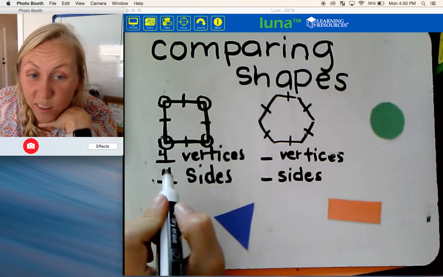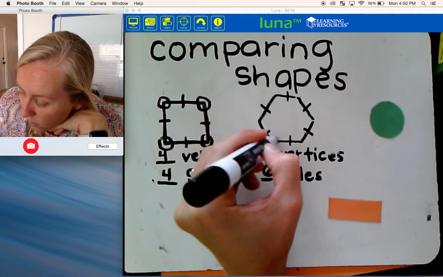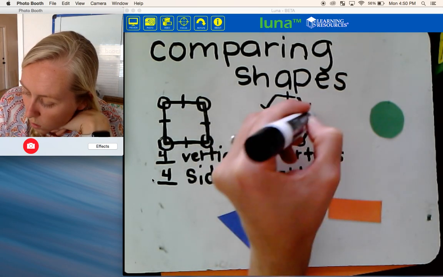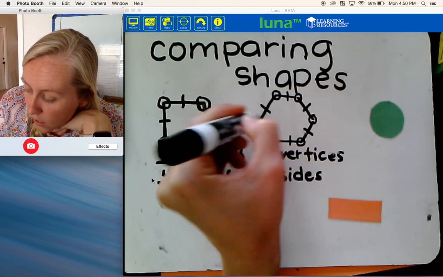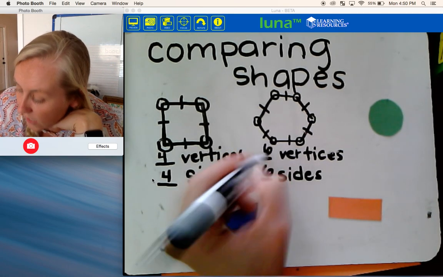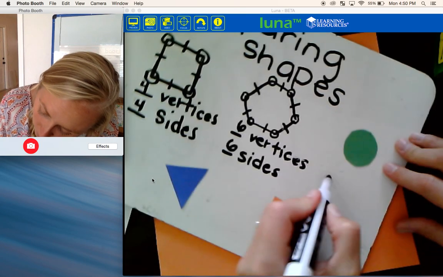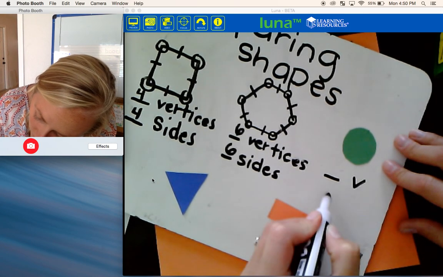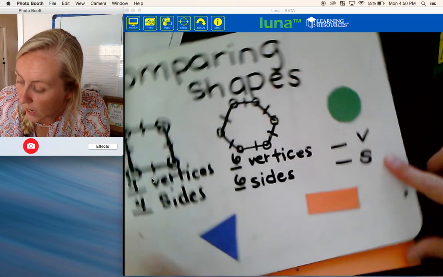So that's different than our square because our hexagon has 6 sides. And then let's count our vertices. 1, 2, 3, you can count with me. 4, 5, and 6. That's right. It has 6 sides and 6 vertices. I'm going to label this V and S. V stands for vertices, S stands for sides.